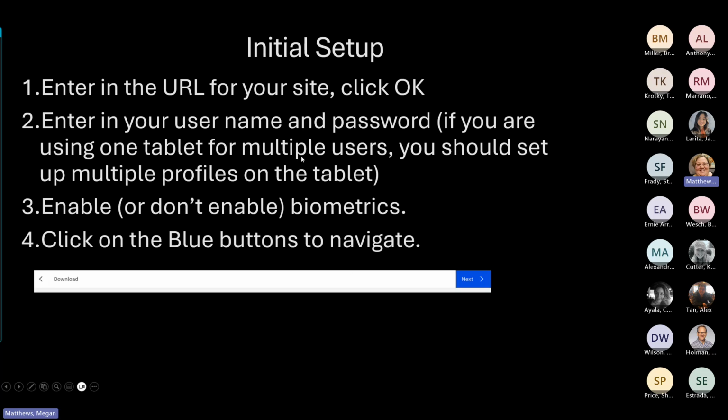So if you want to use this for multiple users, then I would just enable multiple users on the tablet and then let them sign in to the tablet accordingly. You can enable biometrics or not, up to you whether you prefer it or not, but it will ask you about that, so you'll want to set that up. And then you'll notice there are little blue buttons to navigate through.